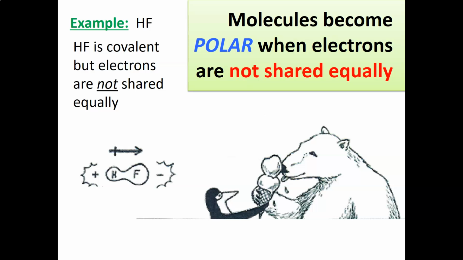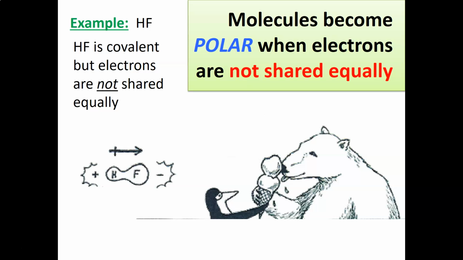Right, the fluorine is more electronegative, so the electrons are going to end up pulled in that direction more often. So we say that there's more electron density around the more electronegative element. So fluorine will basically be hogging the electrons.